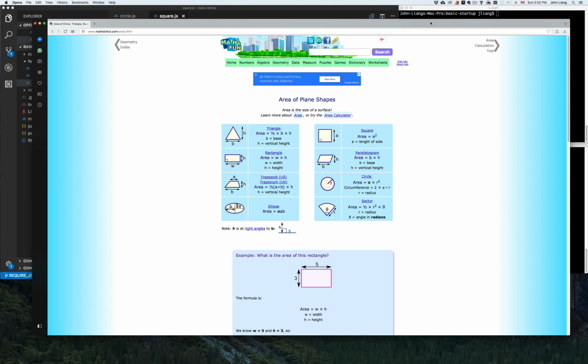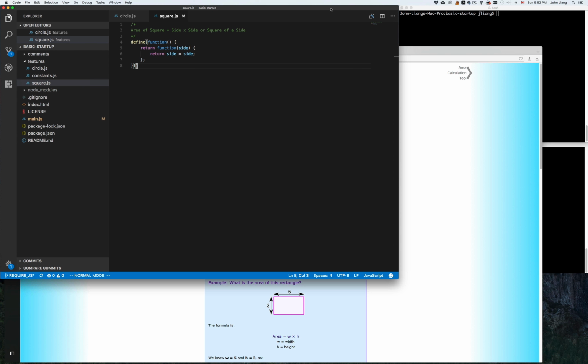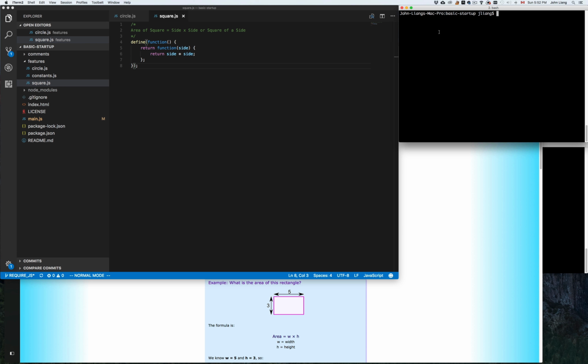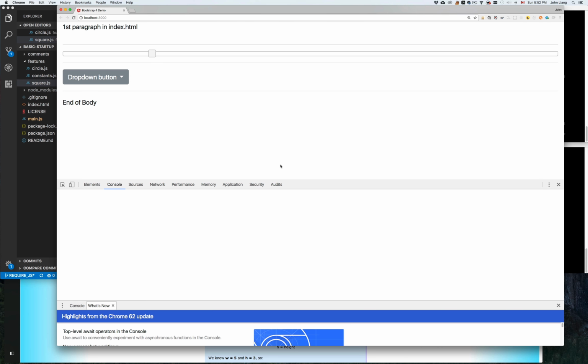Before we do anything, as usual, we'll start up the server. So npm run dev. Okay, the server is started up. Everything's working so far. Let's take a look at the browser debugger.